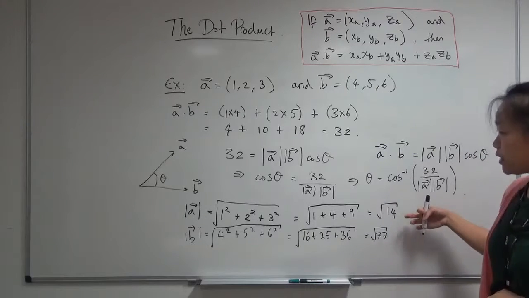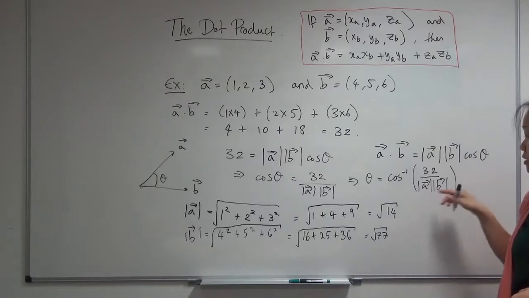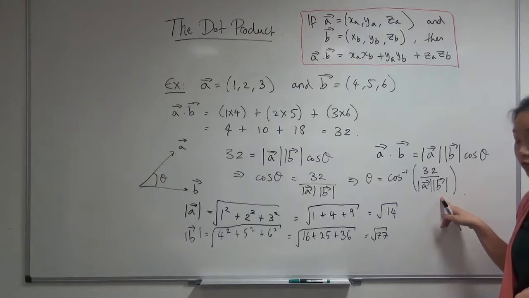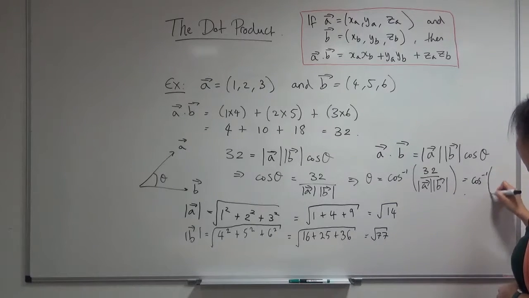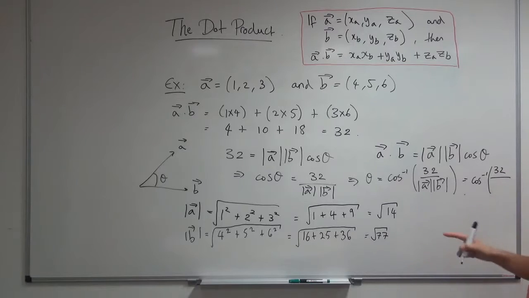So now that we have the modulus of both a and b, we can substitute that into our expression for theta. So this is going to give us cosine inverse of 32 divided by, now our modulus of a is root 14, our modulus of b is root 77.